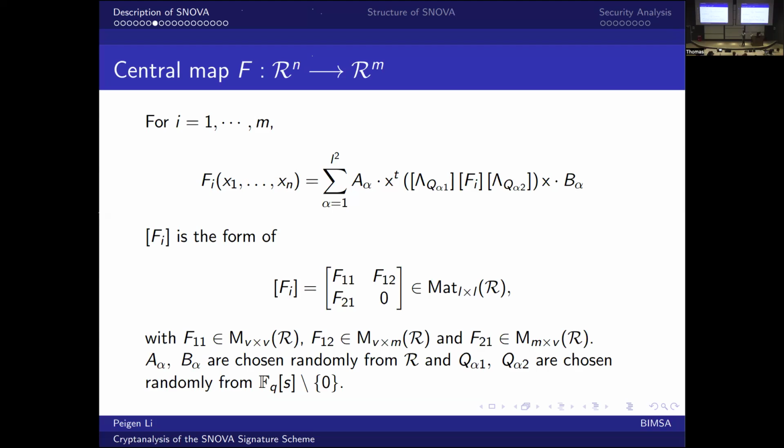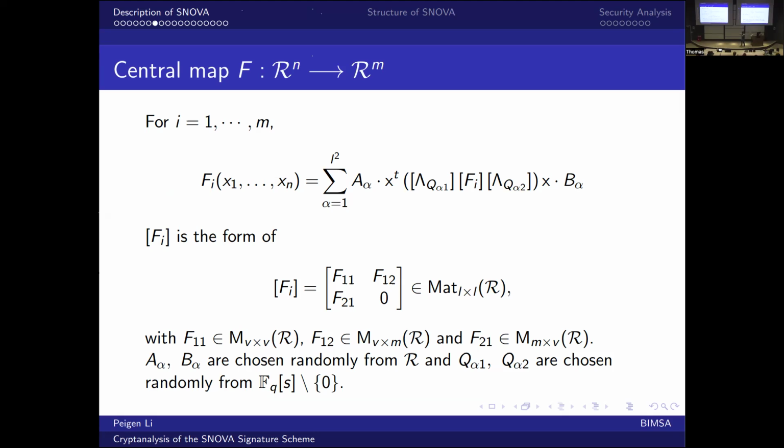But each entry of such a matrix belongs to the matrix ring R. And A alpha, B alpha are chosen randomly from R, and Q alpha 1 and Q alpha 2 are chosen randomly from the special space FQ[S]. We want Q alpha 1 and Q alpha 2 to be invertible.